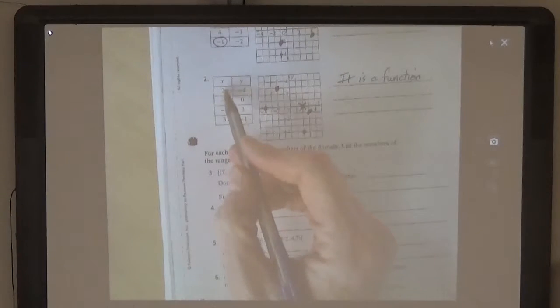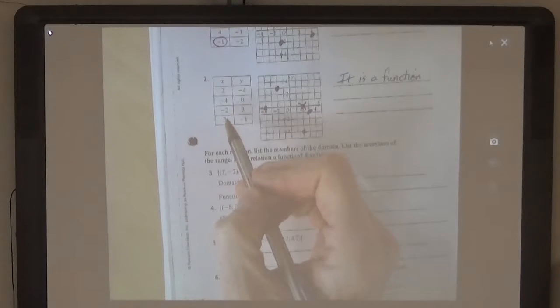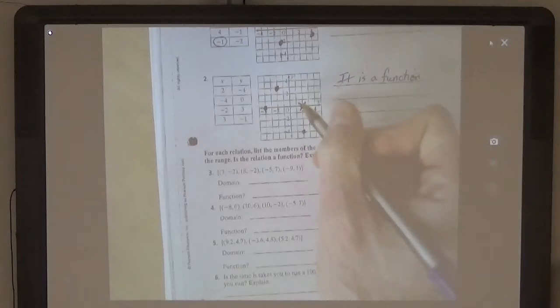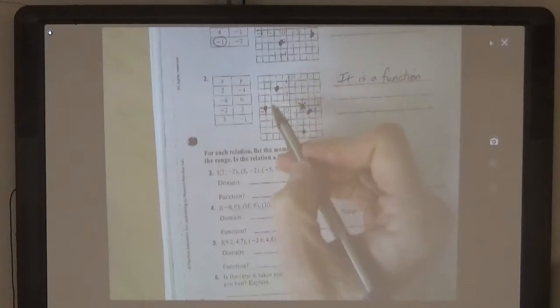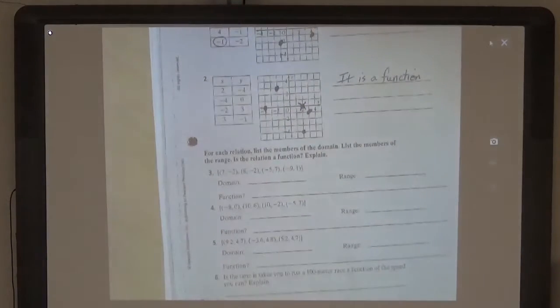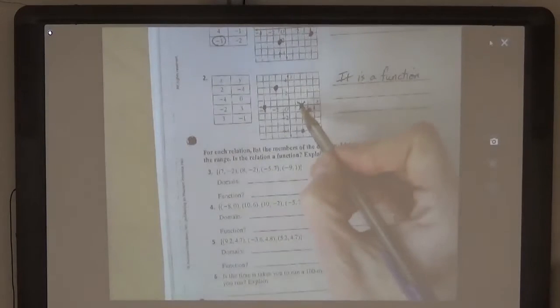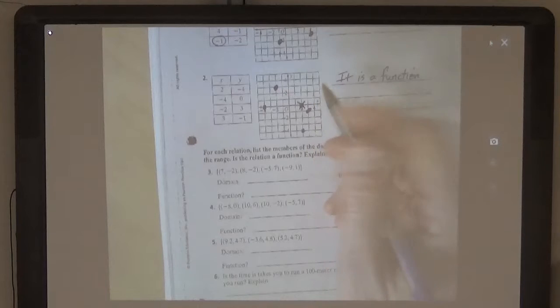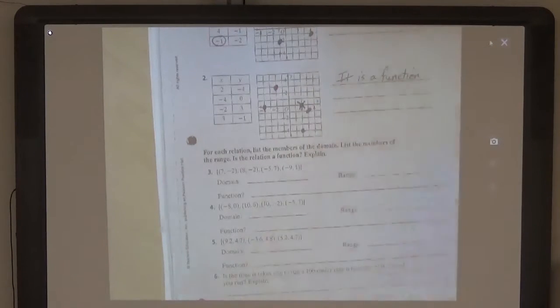So none of the x values are repeated. And using a vertical line test, none of the dots are on a vertical line, except for the one that's not supposed to be there, which I can't erase because it's in ink. So none of these dots are on the same vertical line. Every x value has only one y value.